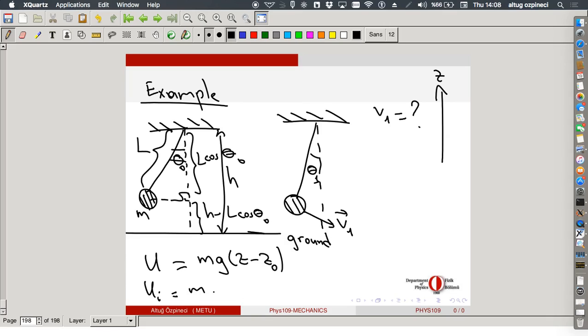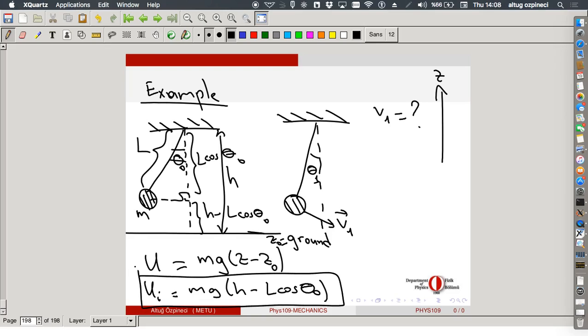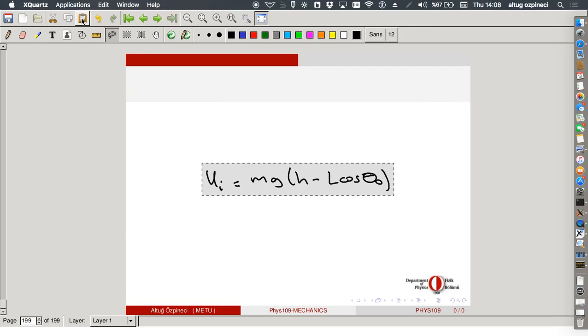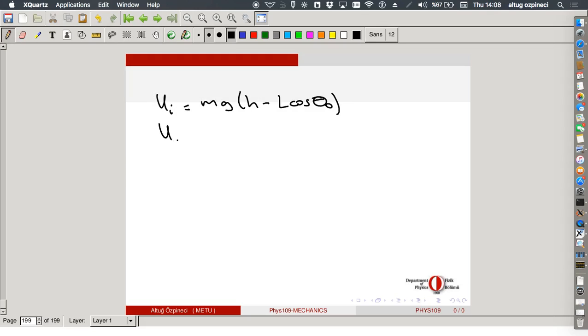So the initial potential energy is mg times H minus L cosine theta 0. Now the final potential energy basically has the same expression. The only difference is that instead of theta 0, it makes an angle theta 1.